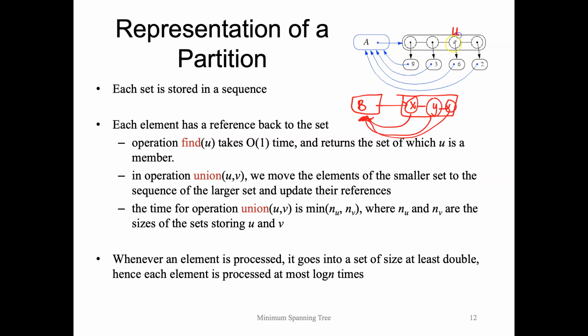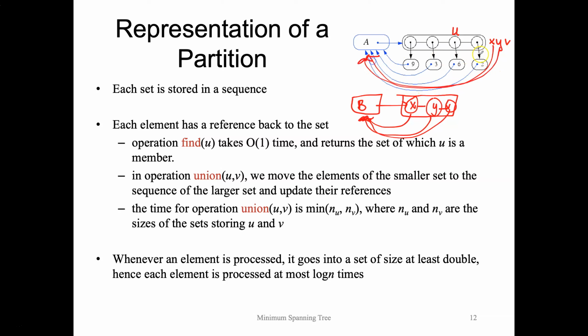Here is vertex U and here's vertex V. They belong to different clouds. Now we want to merge these two clouds together. We can do this by taking whichever one of these sets is smaller and appending it to the end of the larger set. So in this case, we would just add X, Y, and V to the end of A. So we'd have here X, Y, V, and we would update their references to, instead of going back to B, they would go back to A.